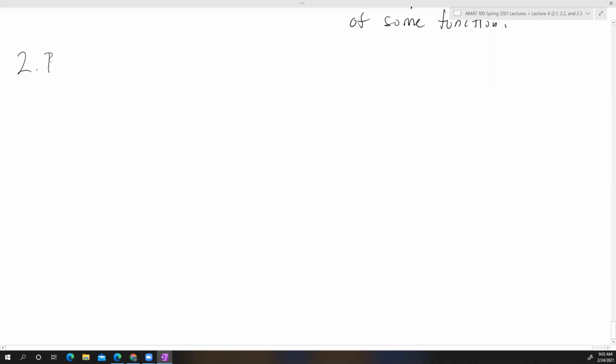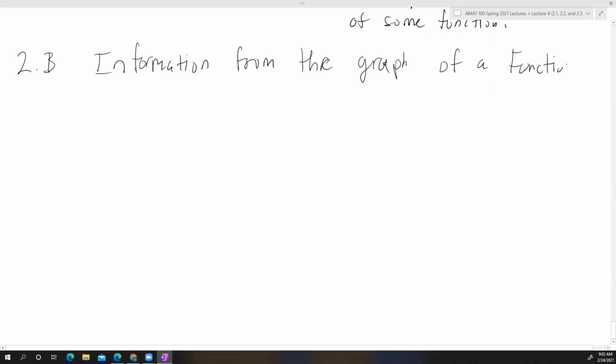So we're in section 2.3, and this is obtaining information from the graph of a function. So we're going to obtain information about the function from its graph, in other words.